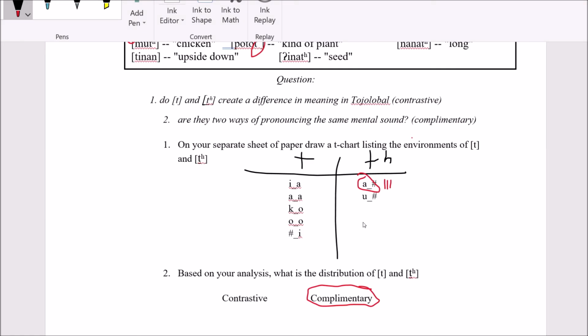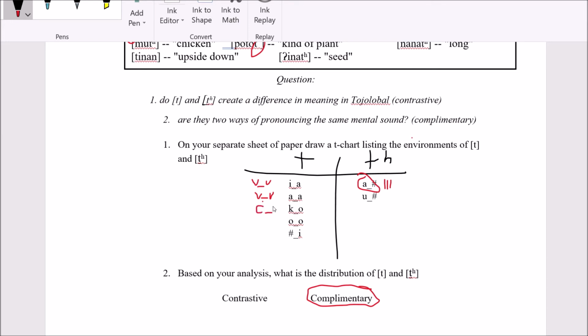So we go back to our data and to our analysis of that data, and we look to see if we have anything in common here. So here we see that in these two cases right here, it's between a vowel and another vowel. Again, there are lots of other features we can look at beyond just vowel and consonant, but for our problems, that's what we're going to focus on.